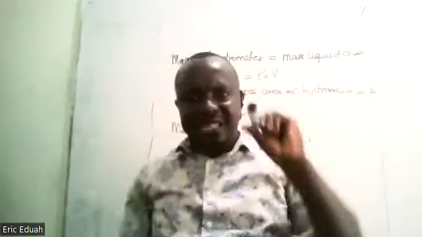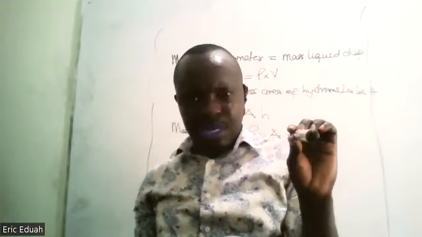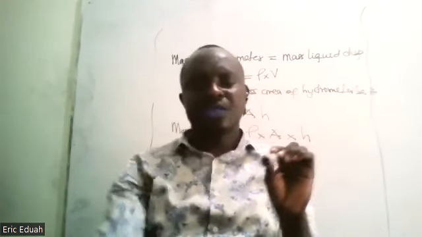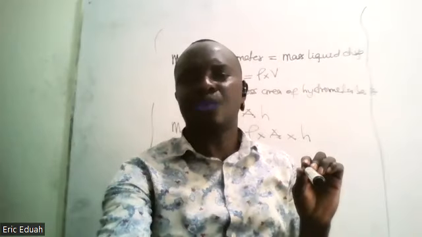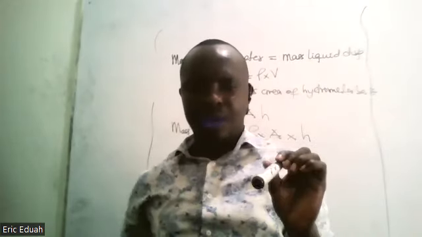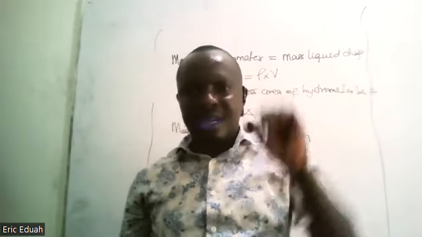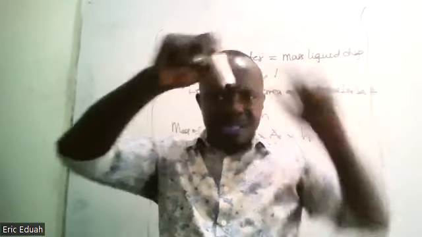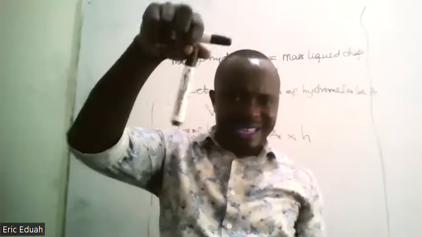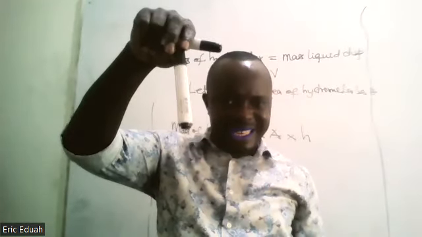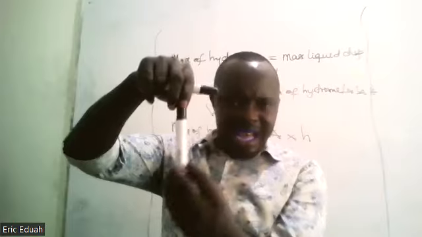Hydrometer is cylindrical, meaning its cross-sectional area is circular. Are we there? A hydrometer is like the marker in my hand. It is cylindrical.